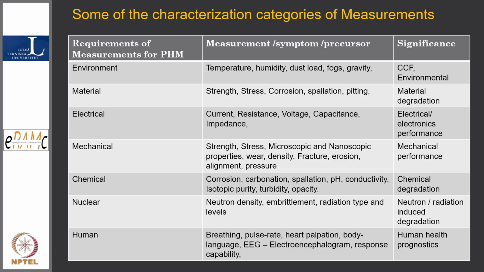The environment has a bigger dimension because it induces common cause failures also. What we are supposed to monitor in the environment should be temperature, humidity, dust load, fog, gravity. These are the things we should monitor because they impact operational components a lot, and mainly it reflects on common cause failure.